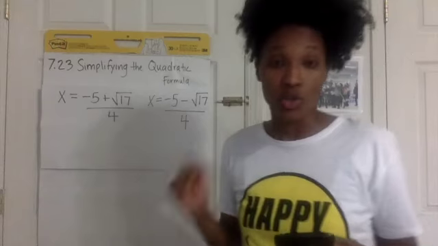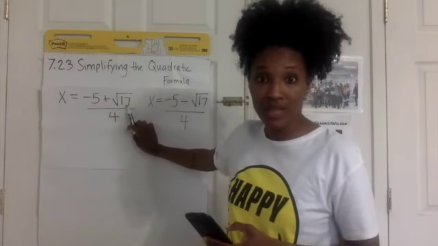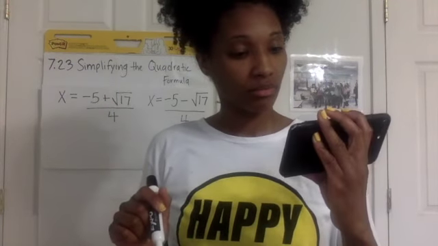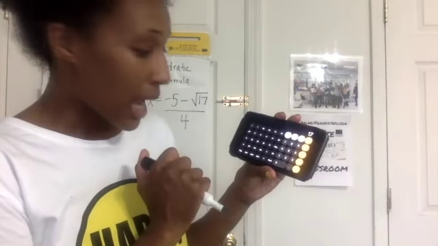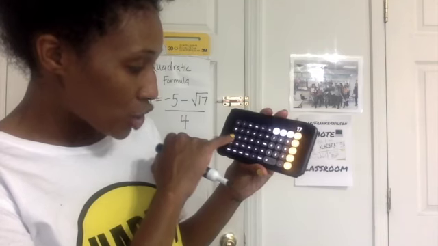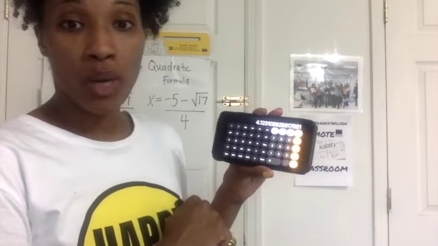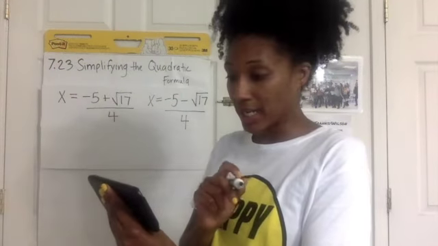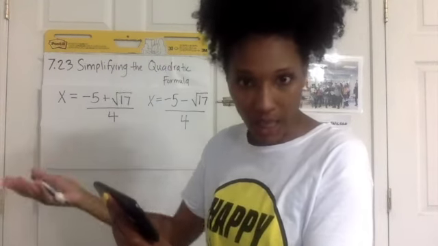So the first thing we're going to do on the calculator is calculate the square root of 17. I type in 17, and then I press the button that has the square root symbol, and I get 4.123105, and so on.